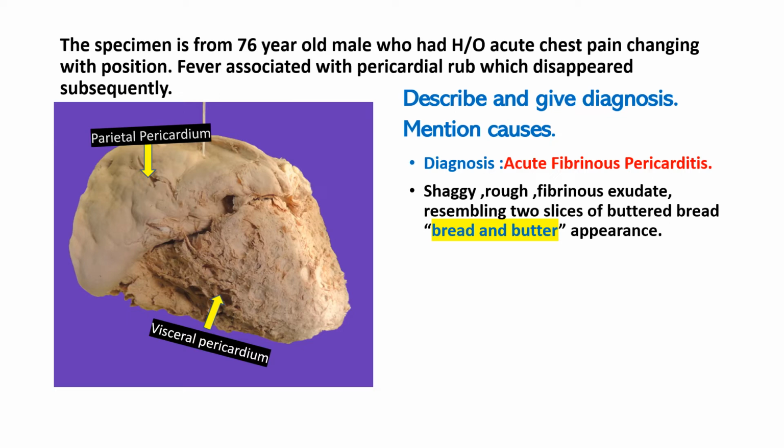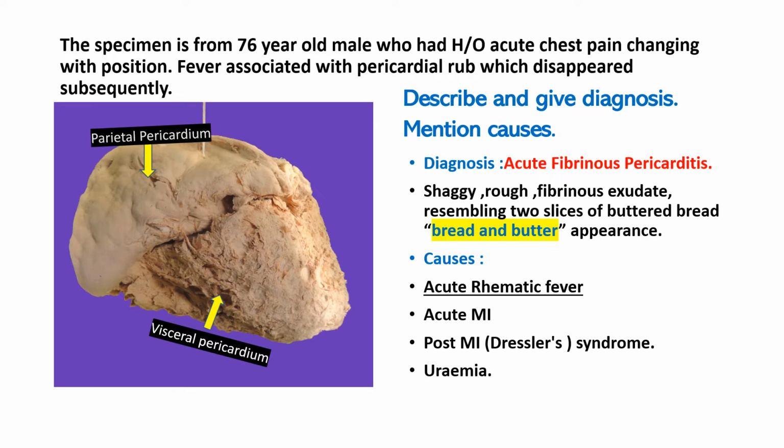So the diagnosis of this specimen is acute fibrinous pericarditis on account of its shaggy, rough fibrinous exudate on the visceral pericardium, which resembles the slices of buttered bread and hence bread and butter appearance. And this may be an MCQ also.